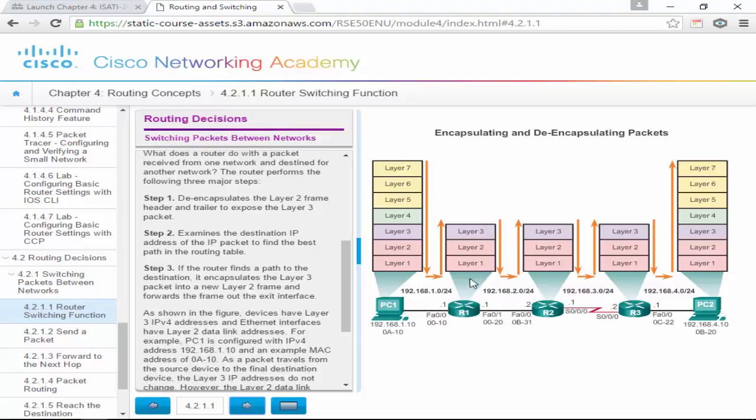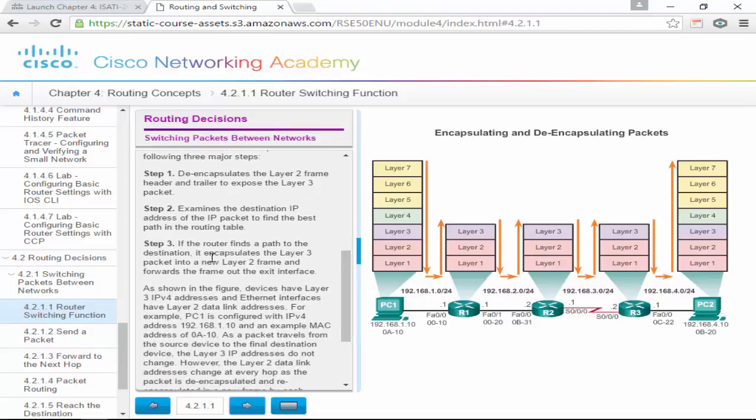And so the router starts getting frames and it builds them into packets, right? So it de-encapsulates the layer 2 frame header and trailer to expose the layer 3 packet, then examines the destination IP address of the IP packet to find the best path in the routing table. If the router finds the best path to the destination, it encapsulates the layer 3 packet into a new layer 2 frame and forwards it out the exit interface.